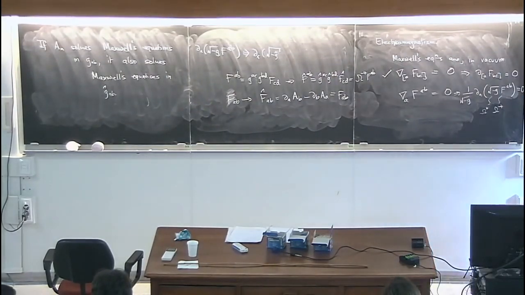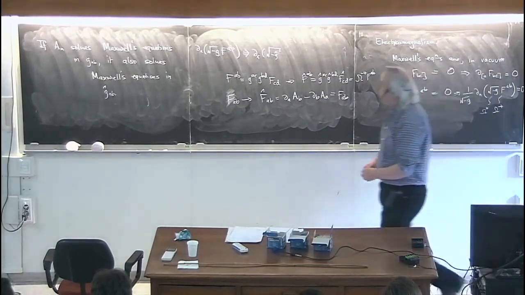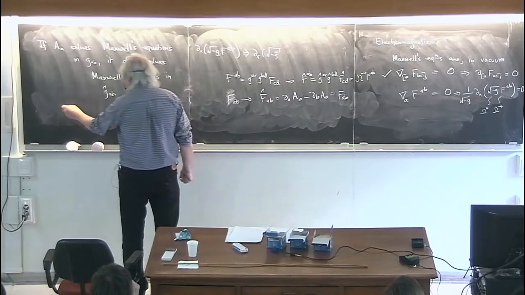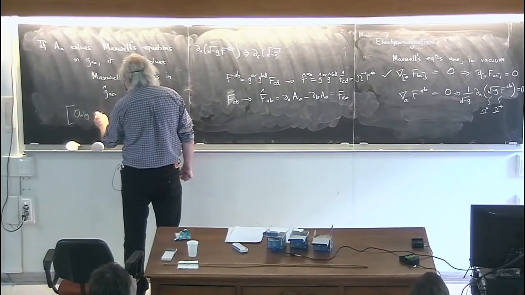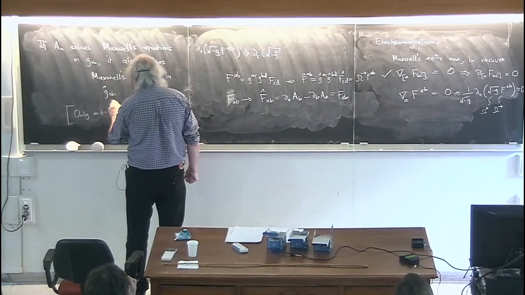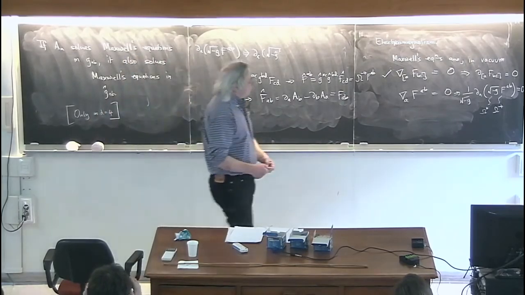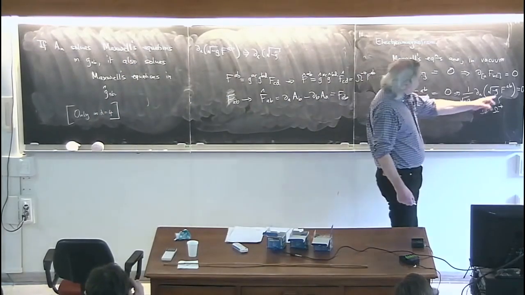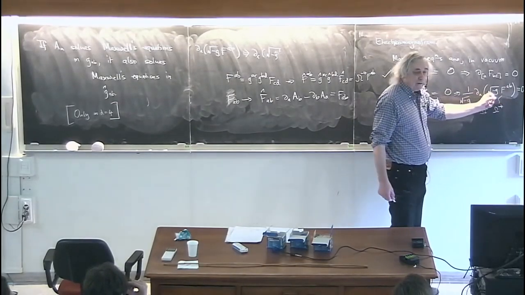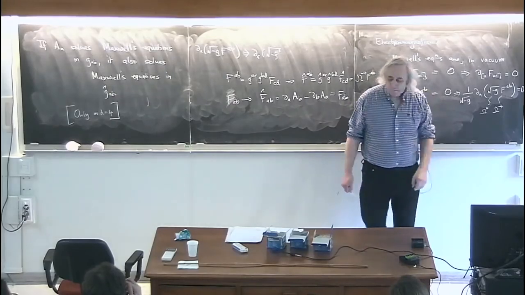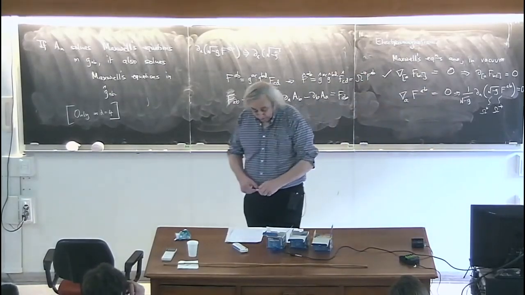You'll notice immediately that this only works in space-time dimension 4. If you change the space-time dimension, you won't change how F upstairs changes, but you will change how det G changes. That will pick up extra factors of omega, and it won't work.